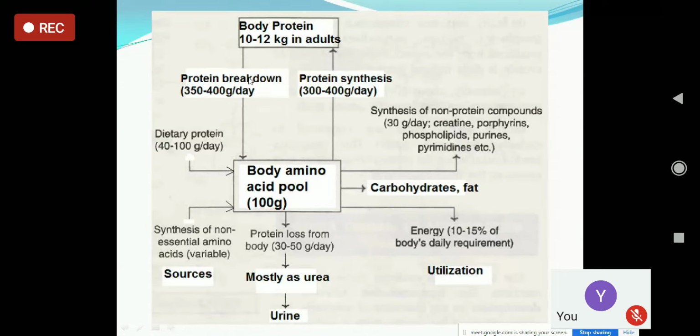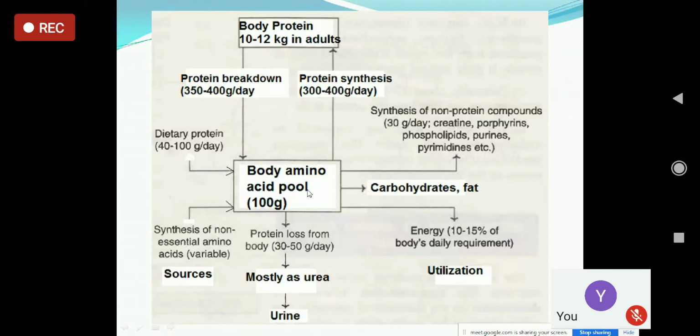The turnover of the body proteins, the dietary proteins, and synthesis of non-essential amino acids contribute to the body amino acid pool. It is estimated that about 354 to 400 gram of protein is constantly degraded in the body, and almost the same amount is being synthesized in the body. This represents the body protein turnover.